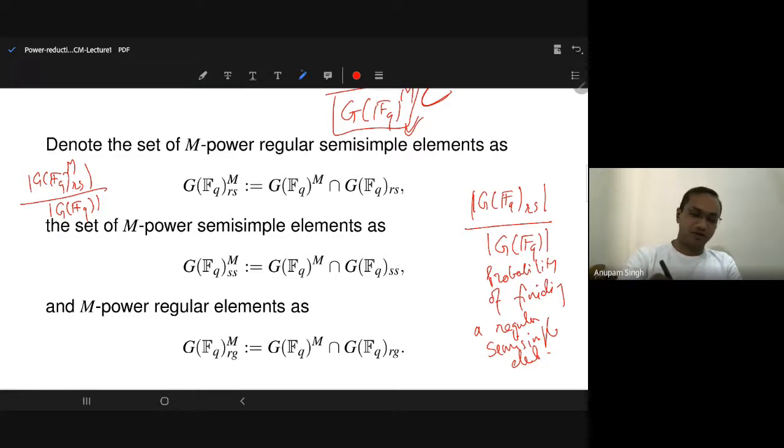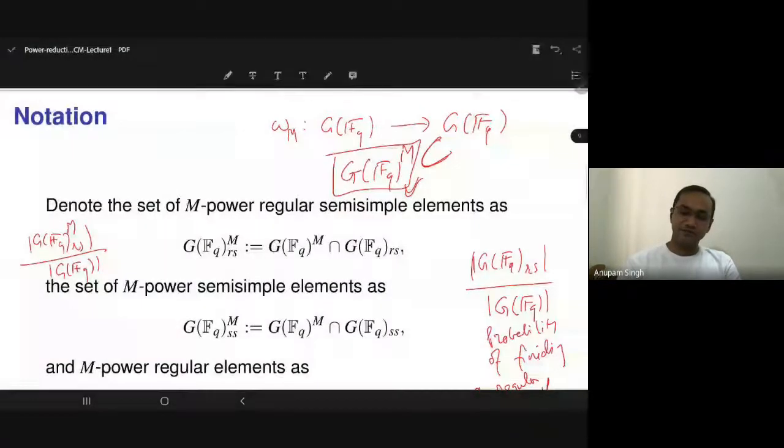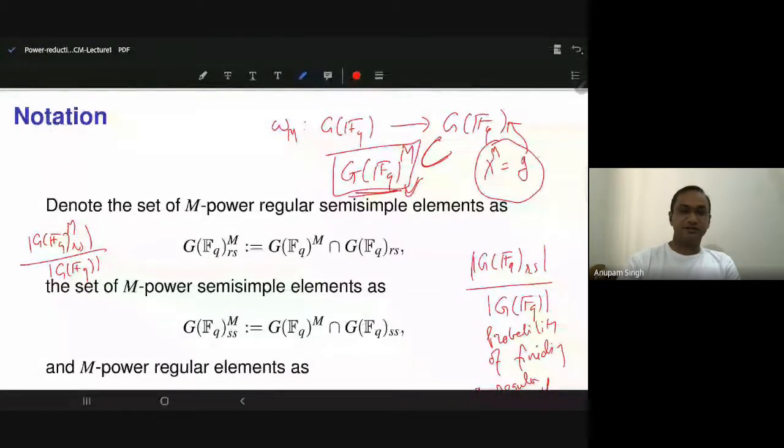Another way to look at this problem is this: if I give you an element g, can you solve x to the power m equal to g? Here g is an element in G(F_q). You can solve this equation only if the element g is in this image set, right? So this kind of ratio also says that if I take g as a regular semi-simple element, whether I can solve that. This is the reason why I'm talking about this kind of set.